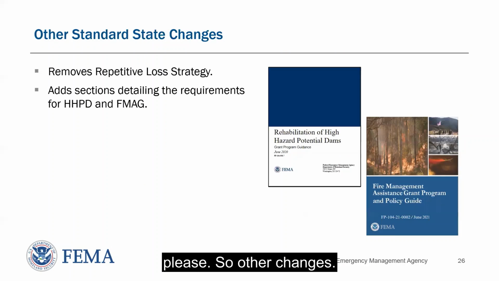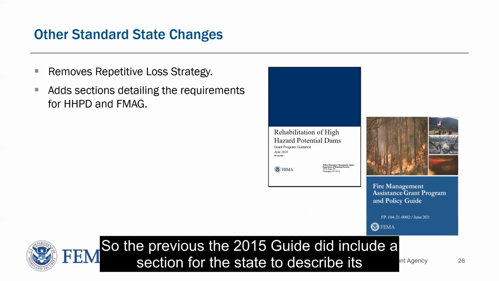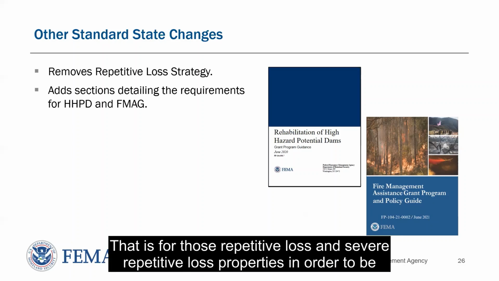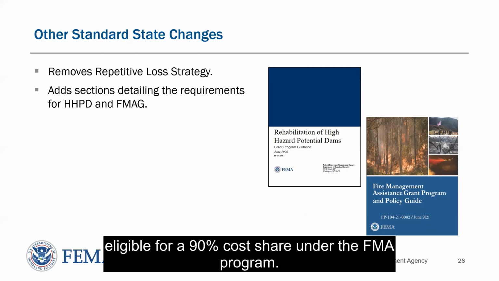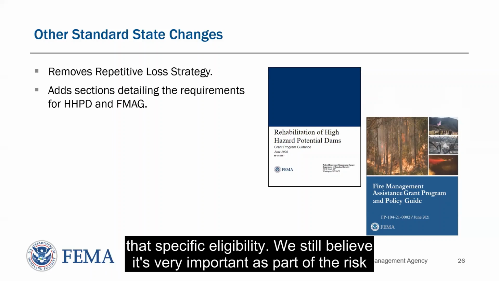Next slide, please. So other changes. So the 2015 guide did include a section for the state to describe its repetitive loss strategy. That is for those repetitive loss and severe repetitive loss properties in order to be eligible for a 90% cost share under the FMA program. The Biggert Waters Act of 2012 changed that. So that section is no longer required for that specific eligibility.